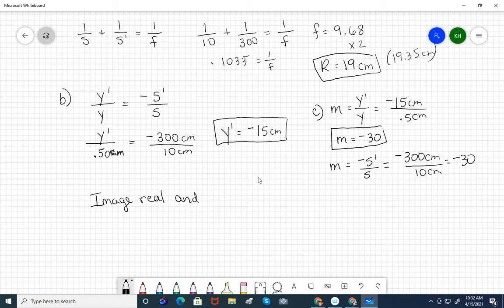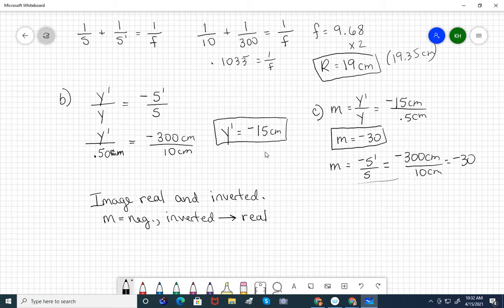And the image is inverted. Anytime it's negative, that tells you that you're inverted or upside down. Anytime you're inverted or upside down, you know the image is real.